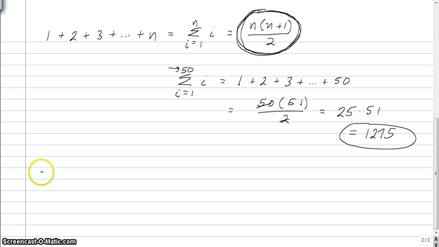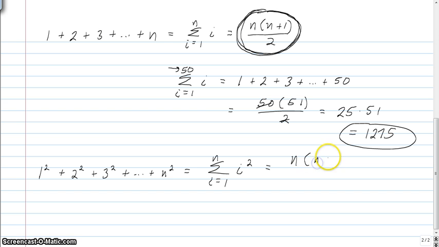Another common formula is the sum of the first n positive integers squared. And so this would be the sum as I goes from 1 to n of I squared, and there's a nice formula for that one as well.